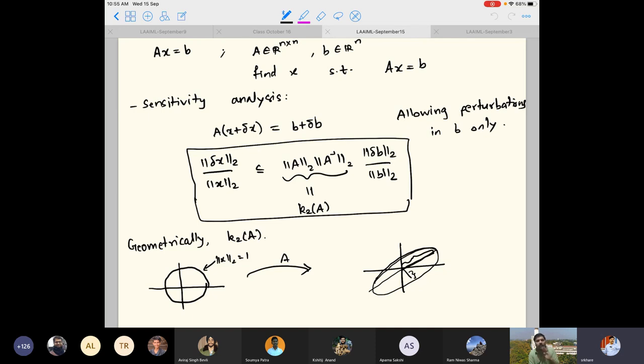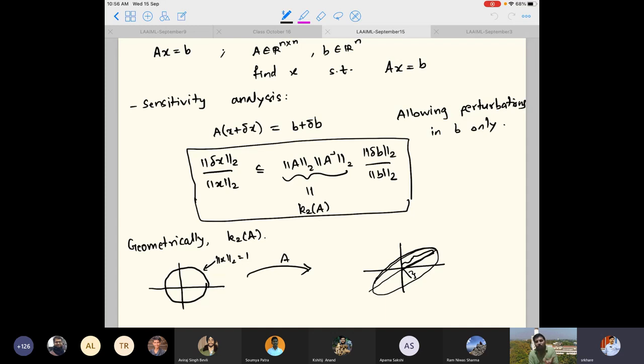So we'll stop our sensitivity analysis at that point, and we'll move to the next problem, which is the least squares problem. We'll understand various types of least squares problems, their solutions, their relation with the left inverse and the pseudo inverse, how we get that solution, and things like that. Once again, we'll try to understand the geometry of the least squares problem.